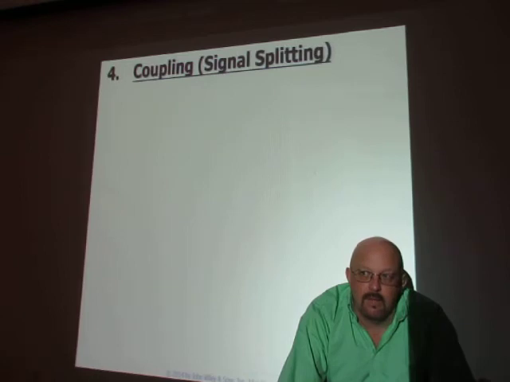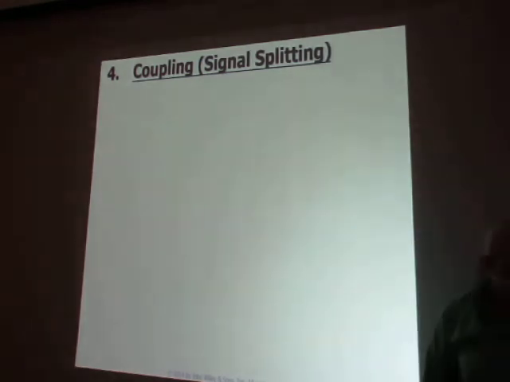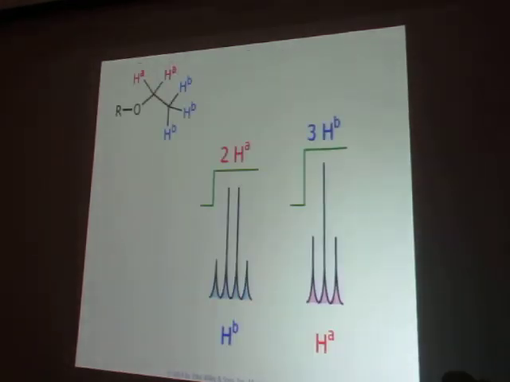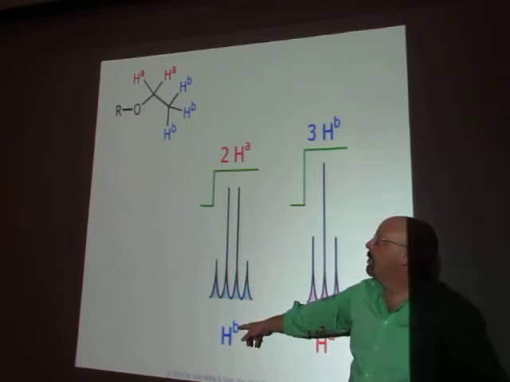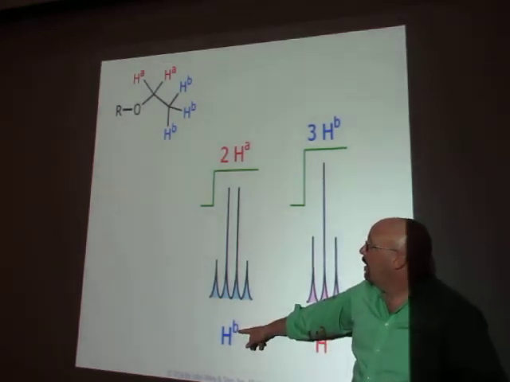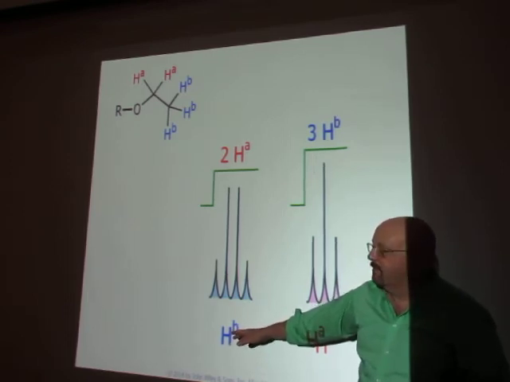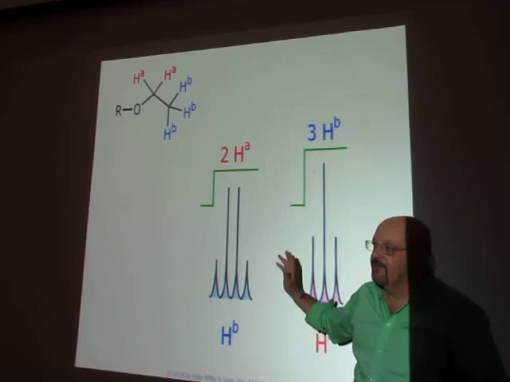I have a question. Yes. On the last slide, it integrated for 2 HA protons over the HBP, but 3 HB protons over the HAP. Are those supposed to be swapped? No. That is leading us to the next topic.